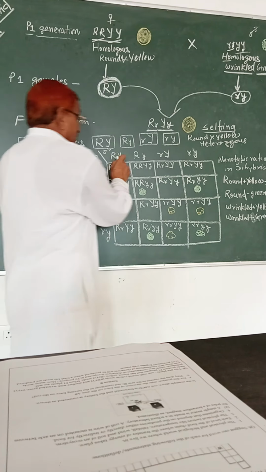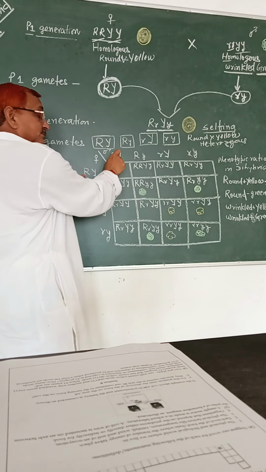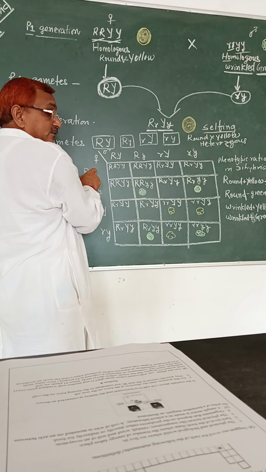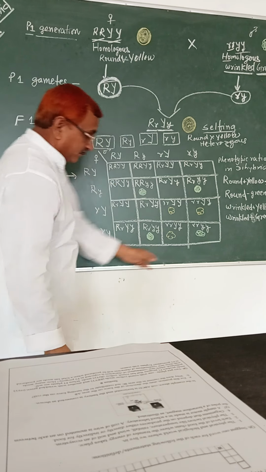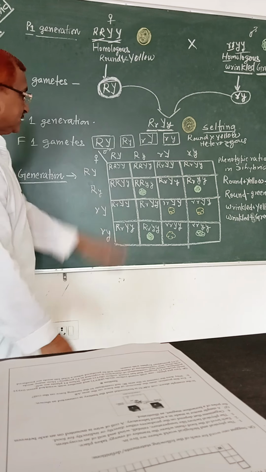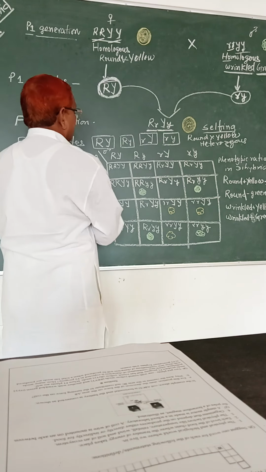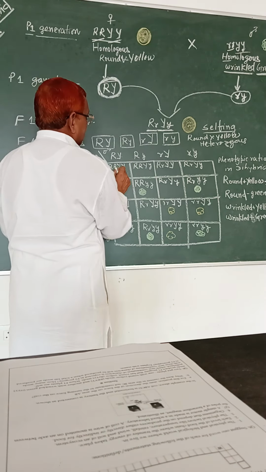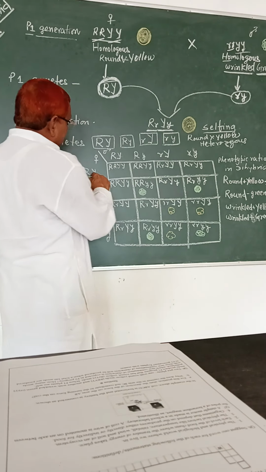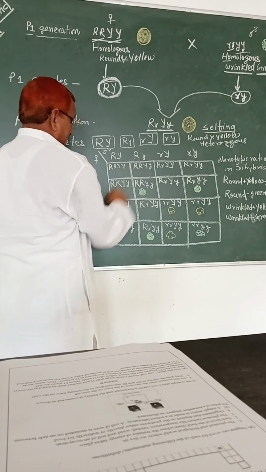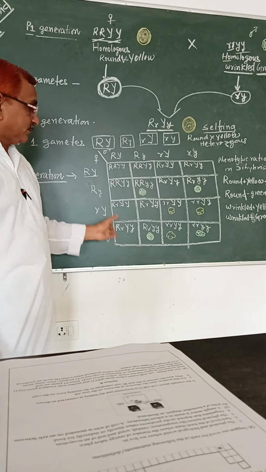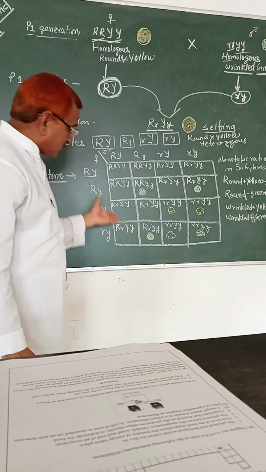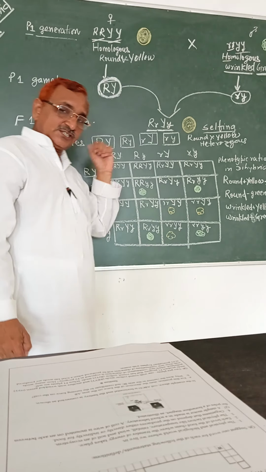Clear? So any male gamete of the pollen grains will fuse with any ovum. So what will be the probability? 16 will be the probability, which I have mentioned here. In this way, counting this, you can easily find out the phenotype and genotype of all the 16 probable features.